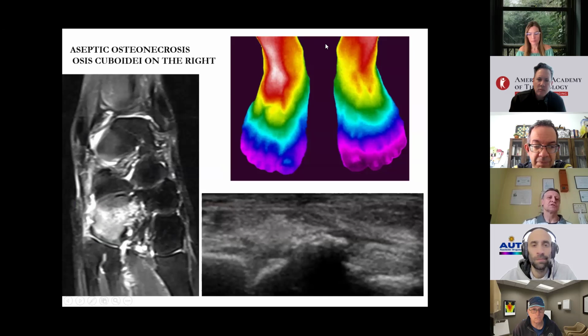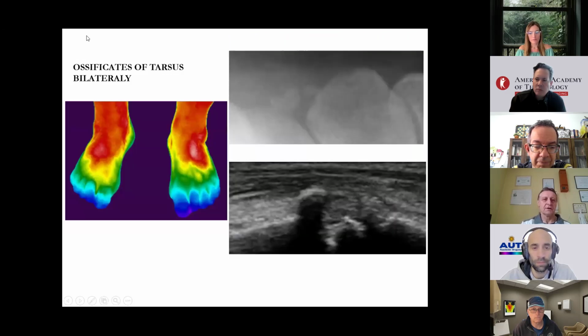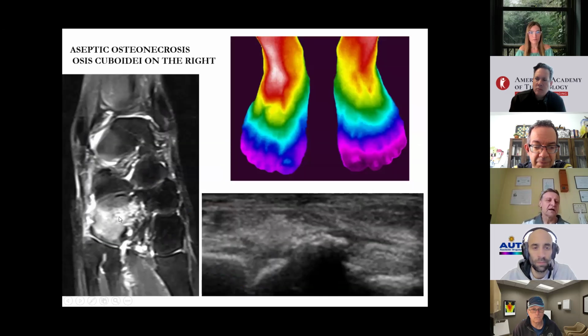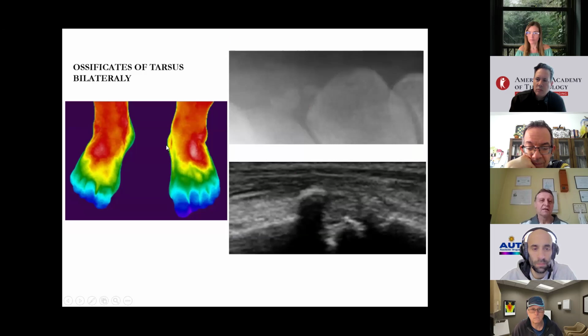Aseptic osteonecrosis ossis cuboidei on the right side. On the MRI, we can see aseptic osteonecrosis ossis cuboidei, and some fragments on sonography, and thermographically on the site of aseptic osteonecrosis is increased temperature activity.